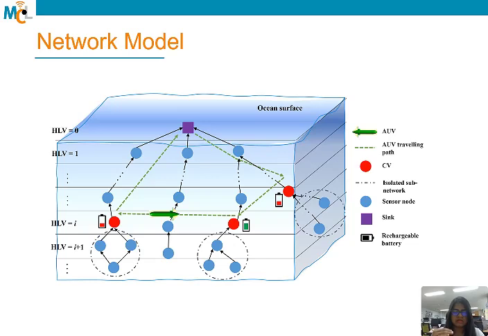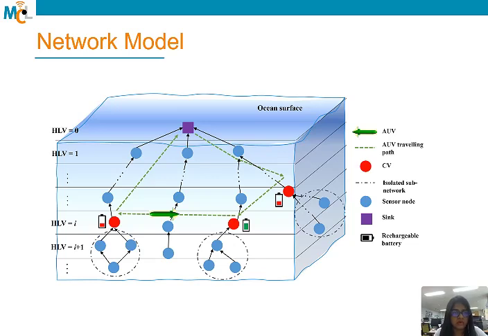The sensor nodes only send data from their level to higher level nodes, not lower level nodes. So the data only goes upwards to reach the sink. This way we can reduce the delay, that is, the number of hops to the sink.